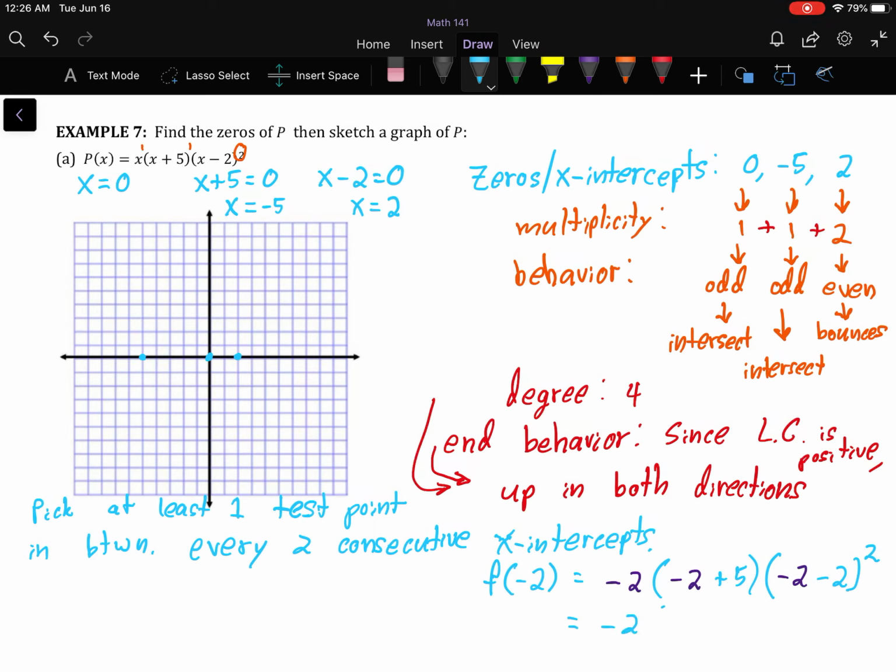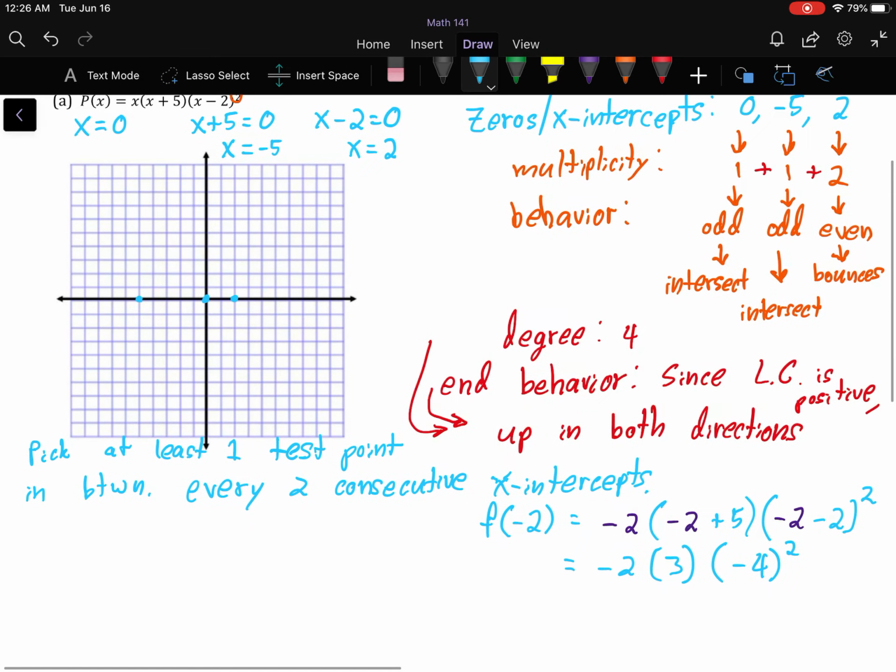This simplifies down to -2 times 3 times -4 squared, which equals -6 times 16, which is equal to -96.